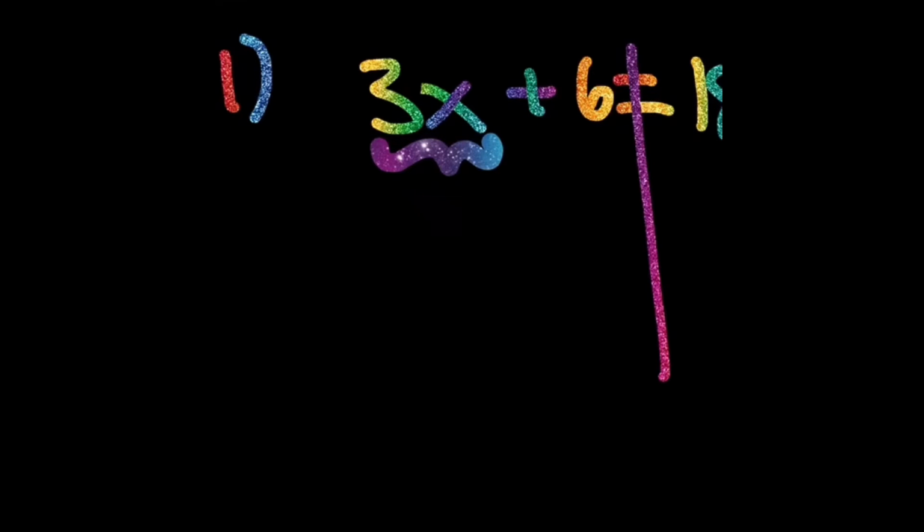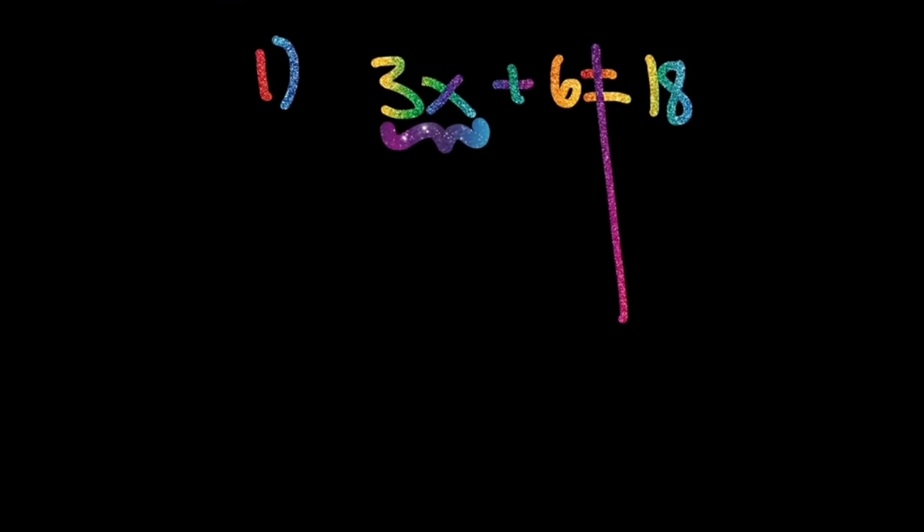I'm not going to use X, I'm going to write it as multiplication. And over here, this is addition. Obviously, we already know that, but when we do this, we usually start from addition or subtraction.